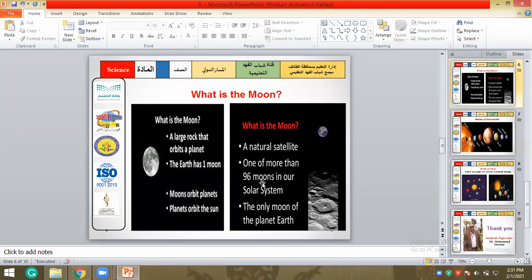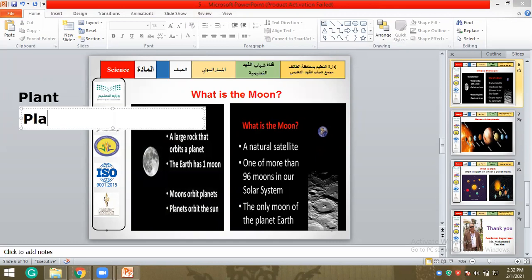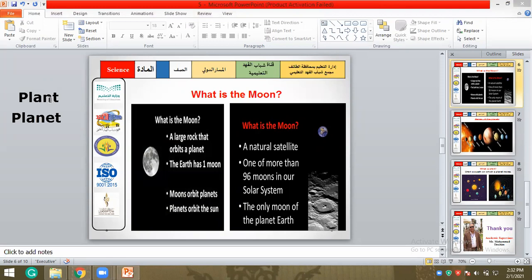Look, this is plant, and this is planet. There is a difference. Planet means kaukab, plant means shajara or nabatat.